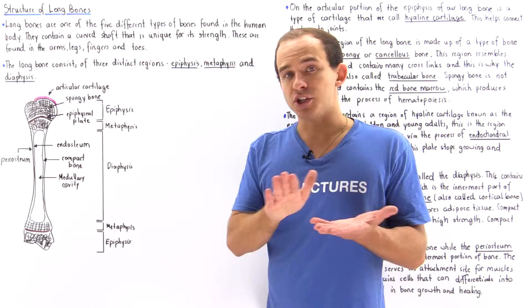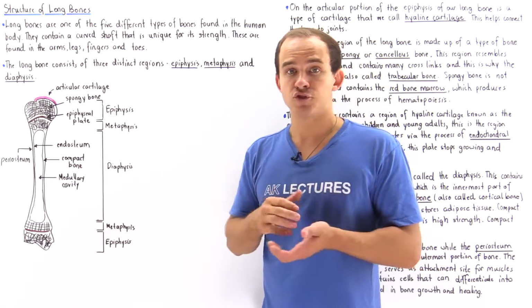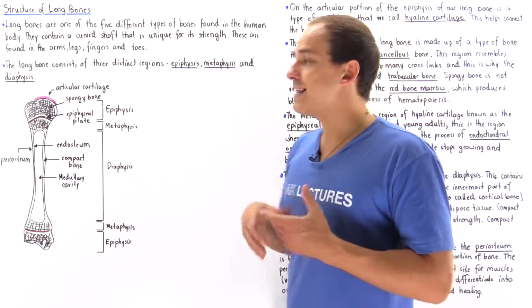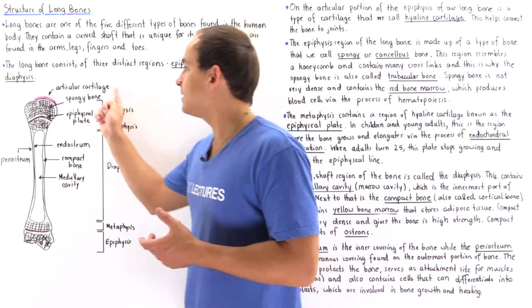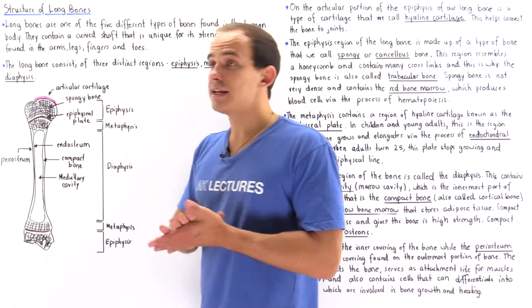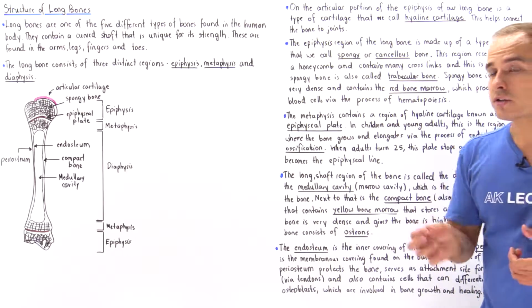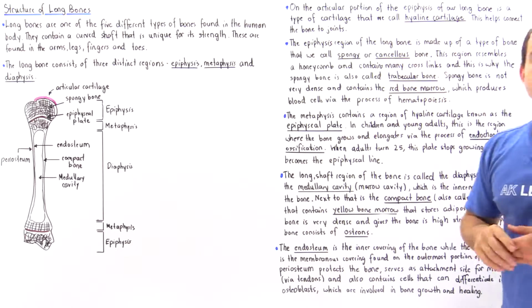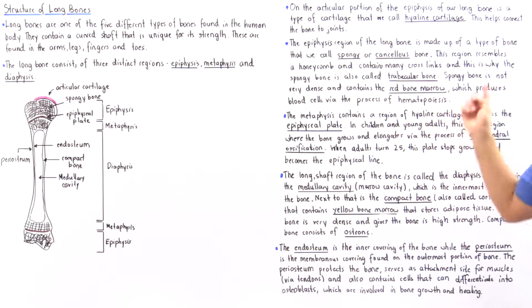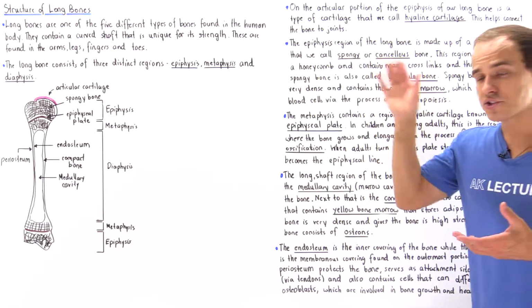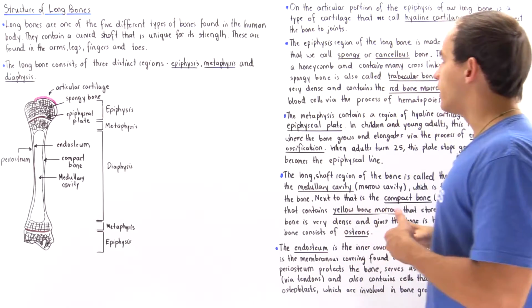And we'll discuss what the joint is and what types of joints we have in our body in a future lecture. So basically this consists of a type of cartilage known as the hyaline cartilage, where hyaline simply means it's transparent. And this hyaline cartilage connects our bone to our joint.